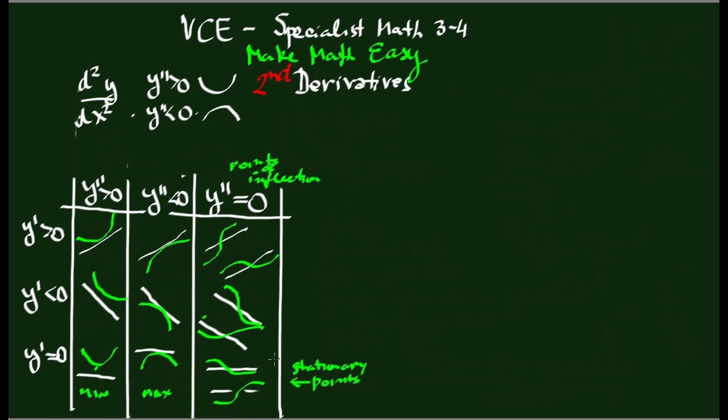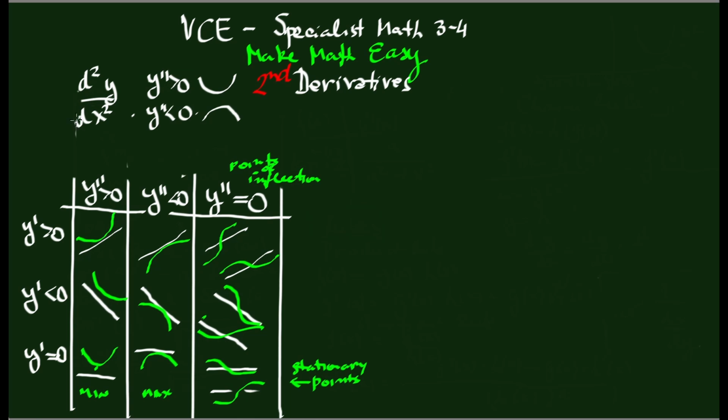So there are cases where the first derivative is 0 and the second derivative is 0 at some point of the independent variable x. But that point is not a point of inflection, which means the concavity doesn't change.